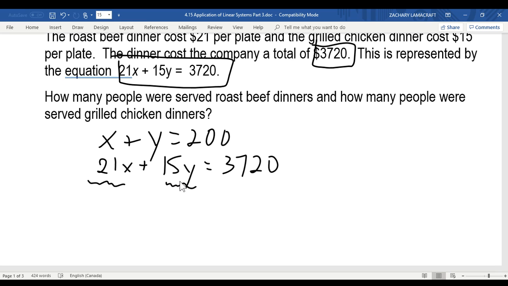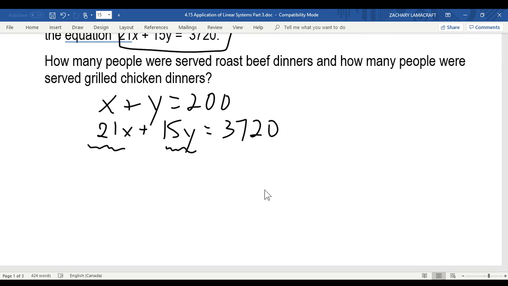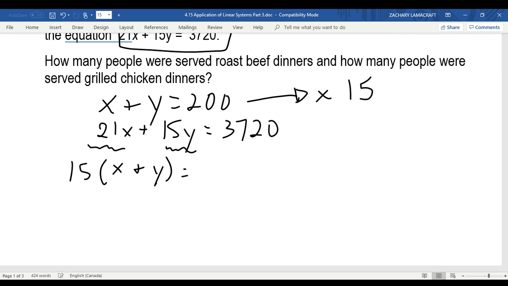For me, I would multiply 15 through the top equation and eliminate y, just because it's a smaller number than 21. And being a number that ends in 5, typically you're going to get numbers here that are a little bit more friendly. So our job is to multiply this whole equation by 15. So when we do that, it would be 15 times this whole equation here.